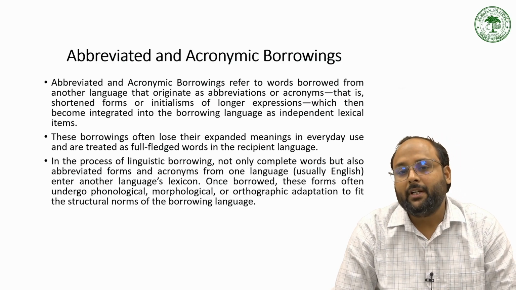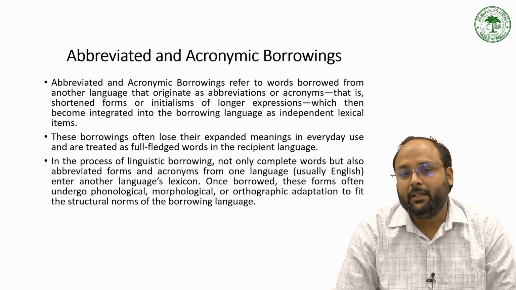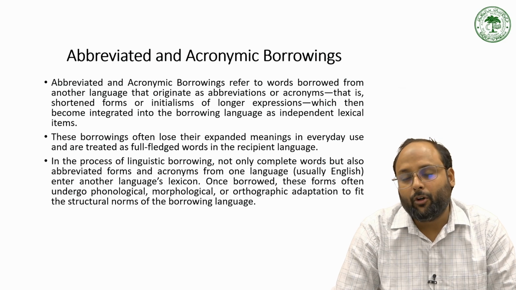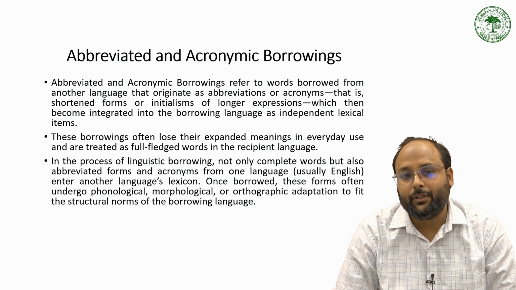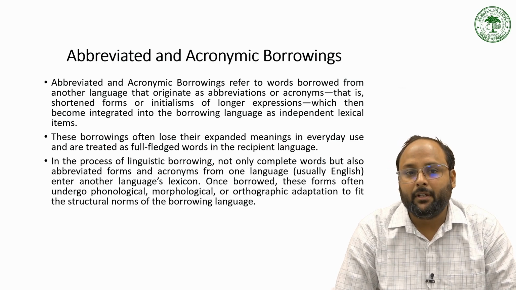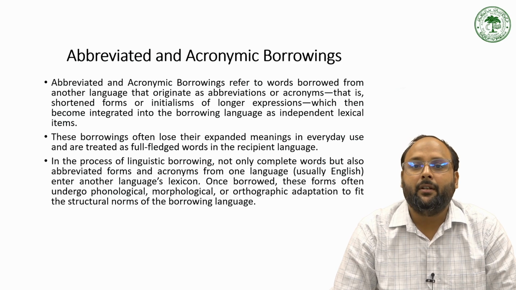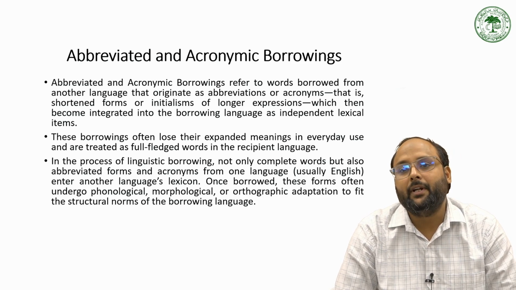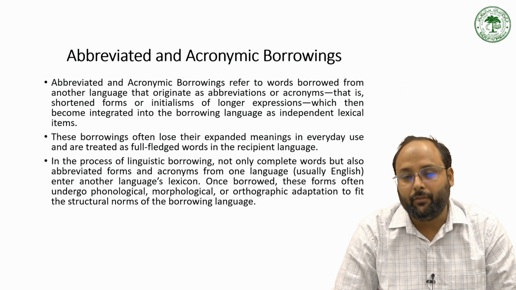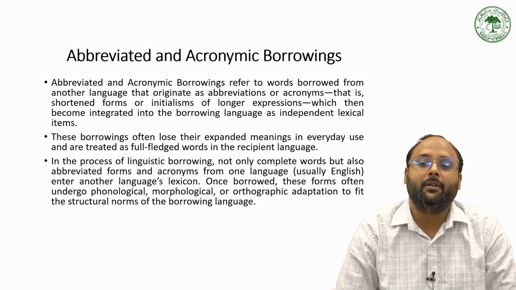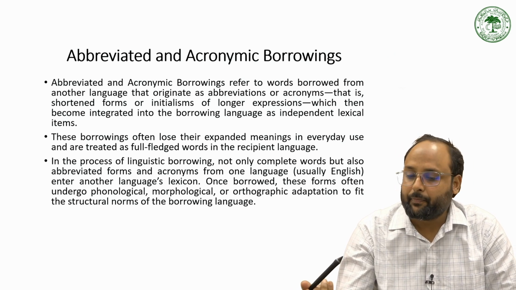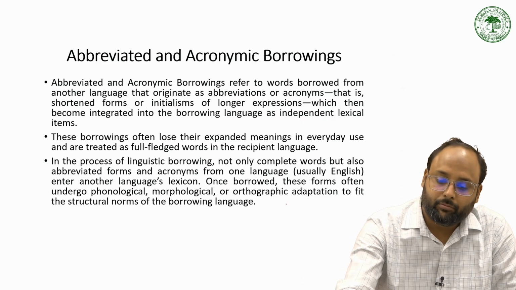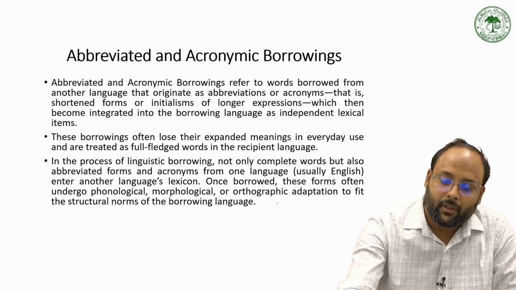Abbreviation and acronyms are systems in the word formation process of any language. In abbreviation, we take the initial letters of a group of words and make separate letters or words for that. For example, we have DM.